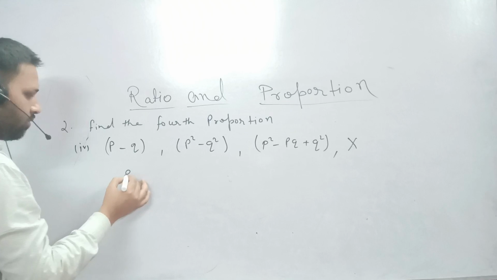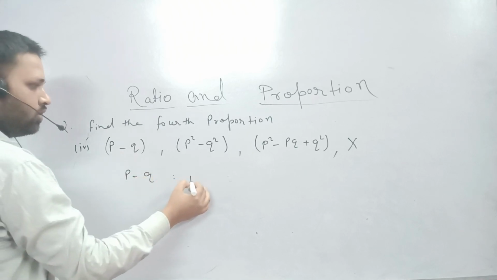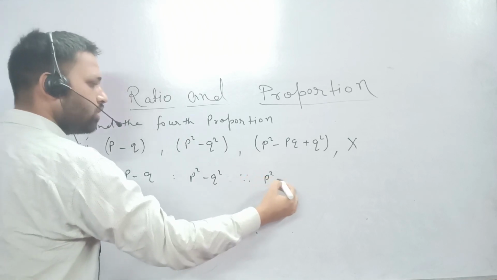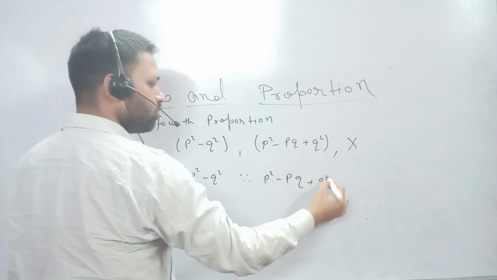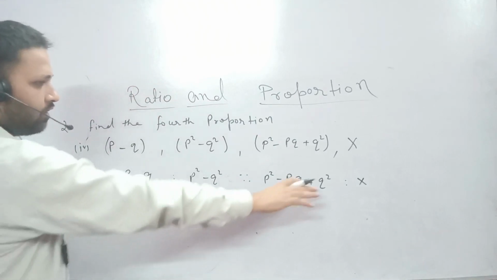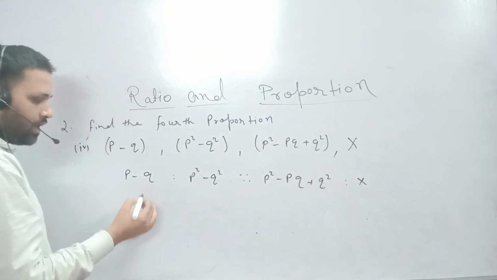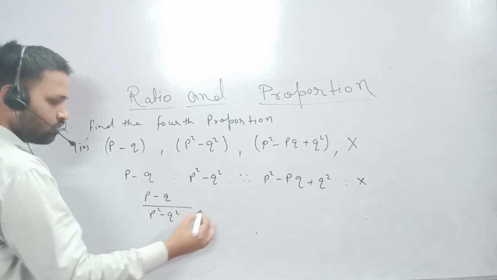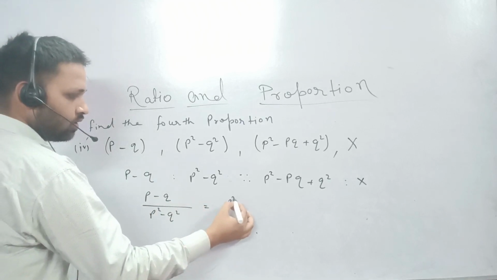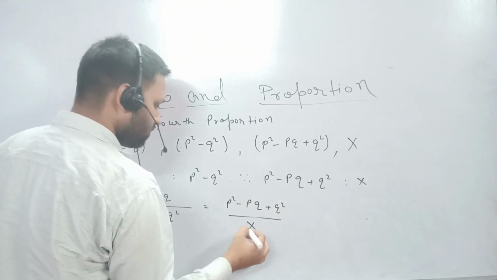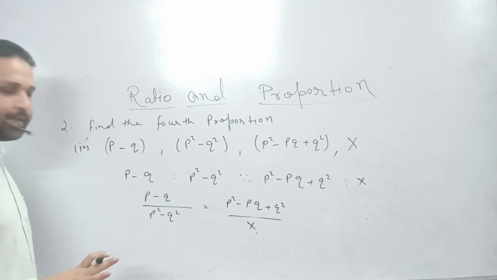You write p minus q is to p square minus q square as p square minus pq plus q square is to x. We have to find the value of x. So p minus q by p square minus q square is equal to p square minus pq plus q square by x. It is simple.